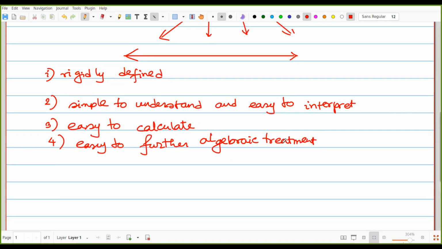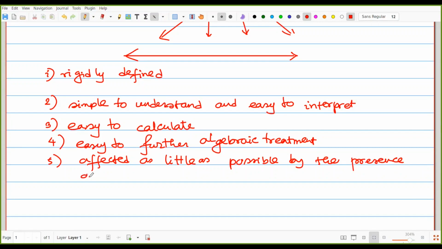And moreover, the important one: affected as little as possible by the presence of extremely large or small values. That means whatever the values are, extremely large or extremely small, there is less effect.